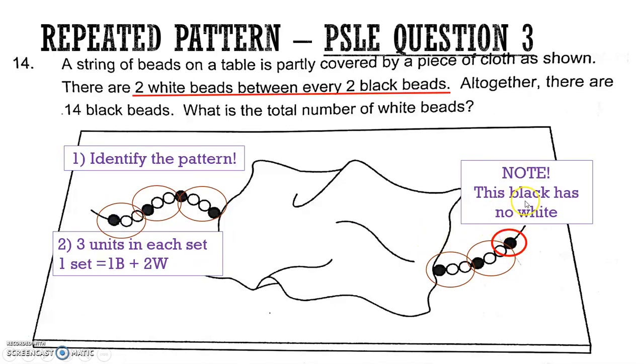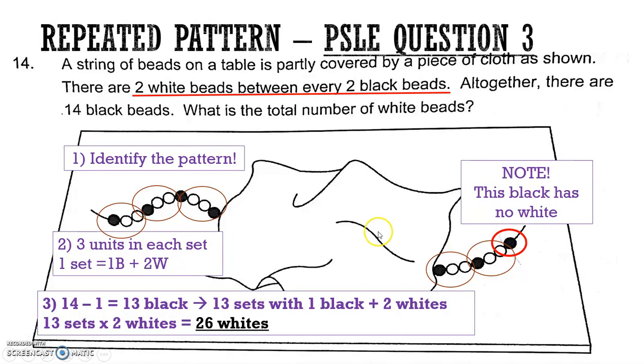And take note here, this black one here doesn't have any white together with it. So this one doesn't form a set according to how we circle our beads. So we take this out since it can't form a set. So we have 13 sets with 1 black and 2 whites. And since there are 2 whites in each set, there are 13 times 2 equals 26 whites.